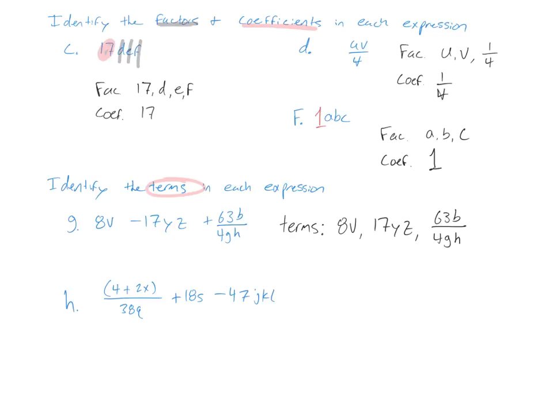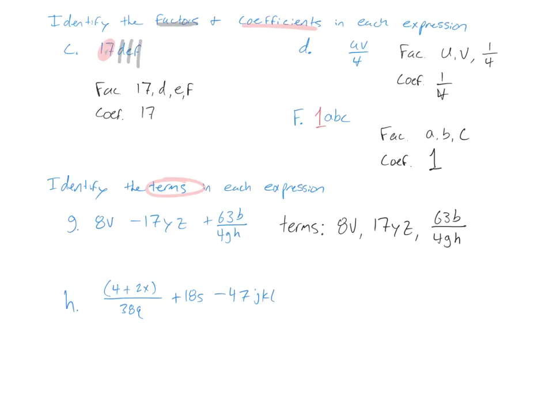Alright, now we're going to go here to h, the last problem. Looking for plus and minus signs. If I start at right to left, oh, here's a minus sign. Here's a plus sign. And I see this plus sign up here, but I'm immediately reminded of what we talked about earlier. Since this is inside a set of parentheses and also involved in division, this whole thing right here is going to be 1 term.